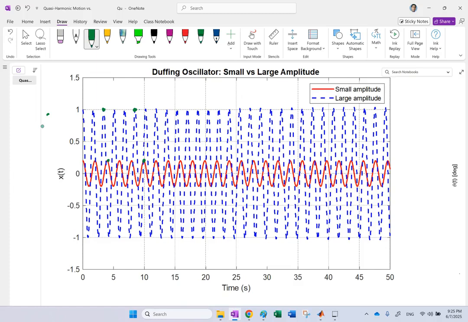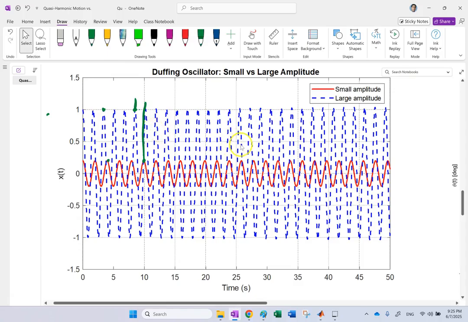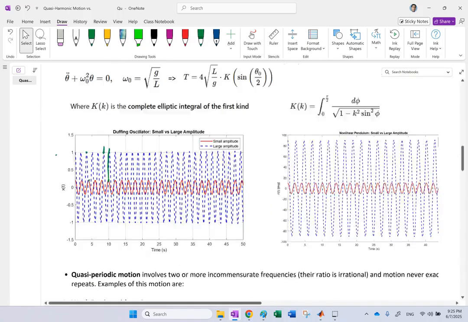So you see that the small amplitude and the large amplitude are getting different periods or different frequencies, although they started from similar conditions, except for the amplitude. Of course, the amplitude has effects on the frequency or the period in this case.